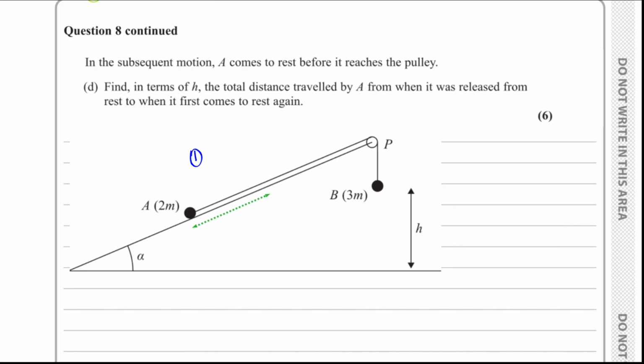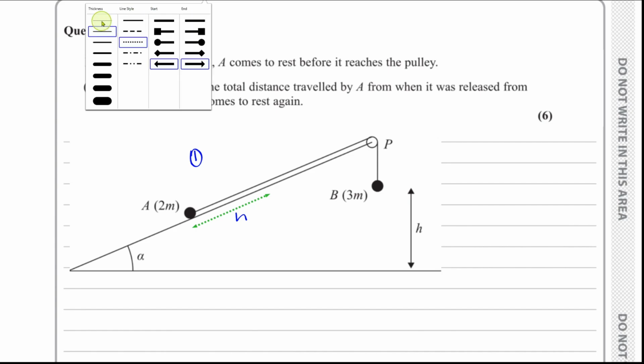So that's going to be h. That's how much it moved in situation 1 as B was falling. We know that height, so we don't have to worry about anything else there, but we will have to worry about other stuff, which I'm going to show you.